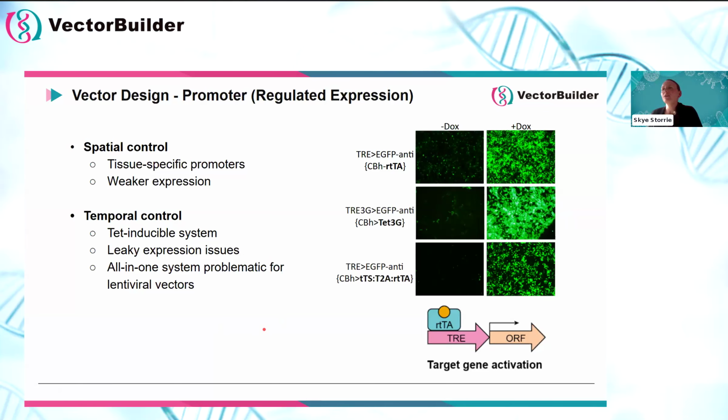Instead, we recommend that you use either two separate lentiviruses, one that expresses your regulatory proteins and one that expresses your ORF under the TRE promoter. Alternatively, you could use lentivirus to generate stable cells that express these regulatory proteins, and then you can test lots of different constructs under the TRE promoter and save yourself a bit of time in the long run.